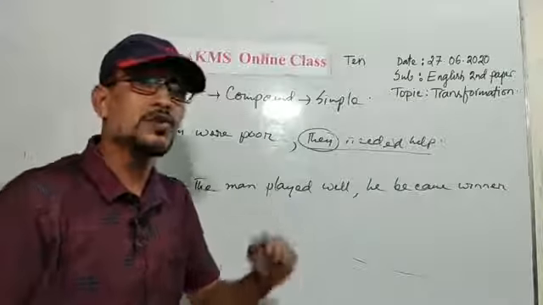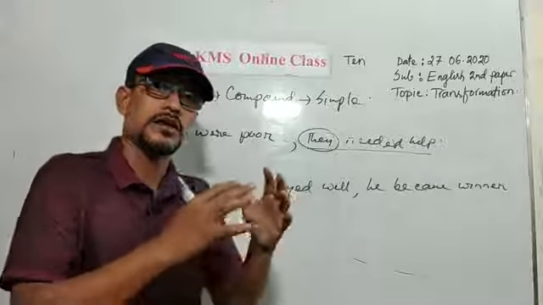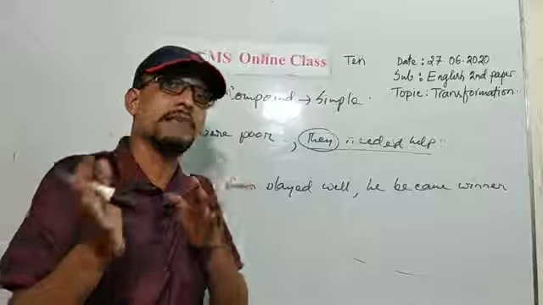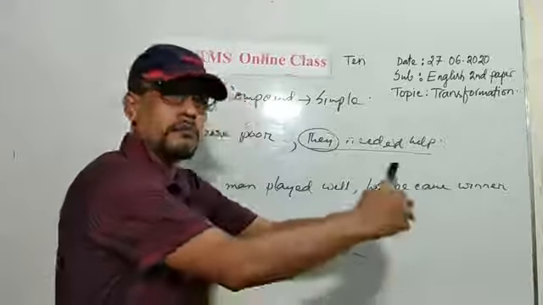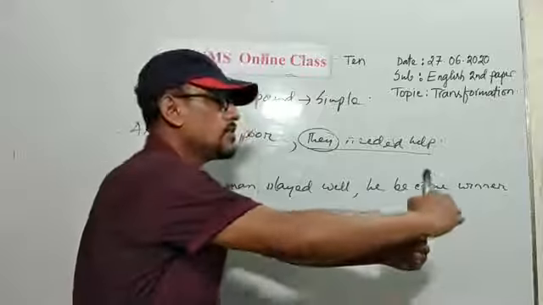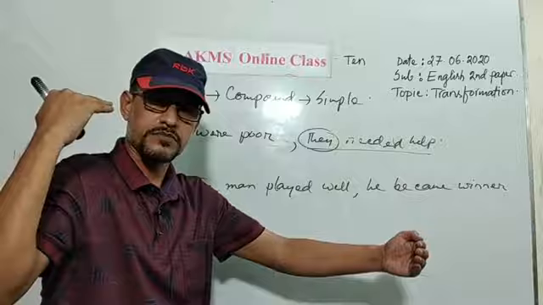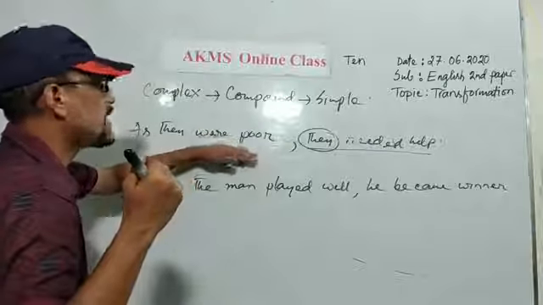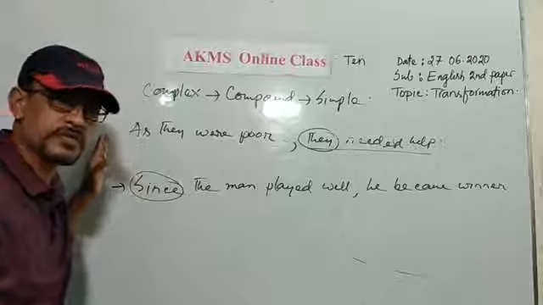Then you are giving the strength of a principal clause, of a subordinate clause about a principal clause. Then you are making a position from small to tall. Then I will put the subordinate clause at the very beginning of the principal clause.